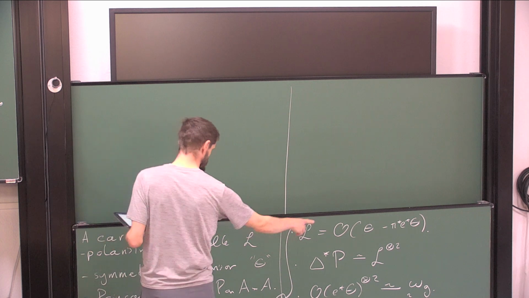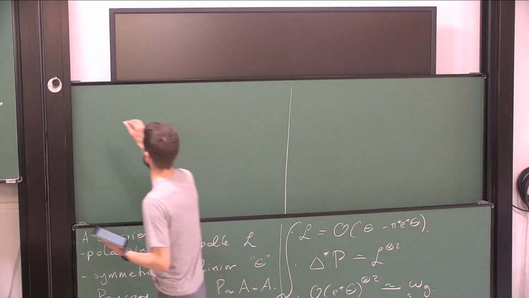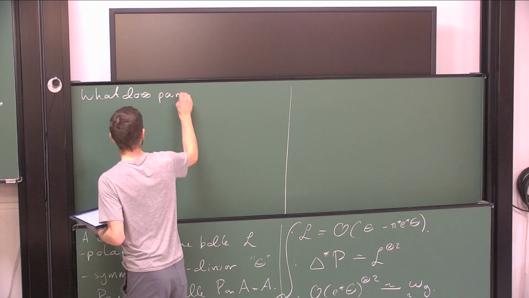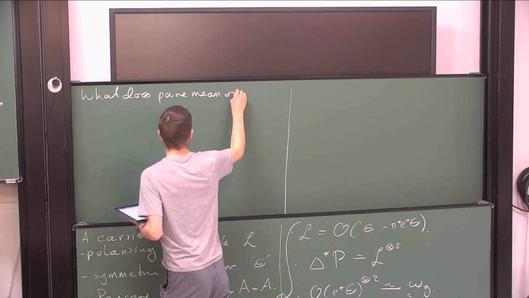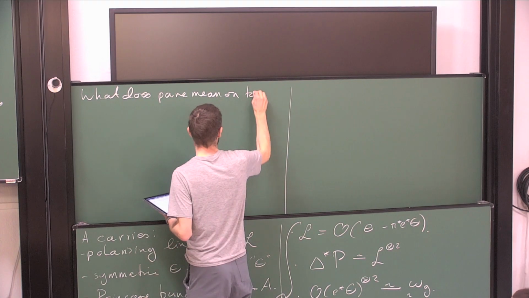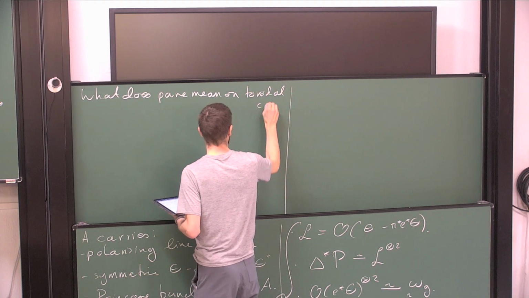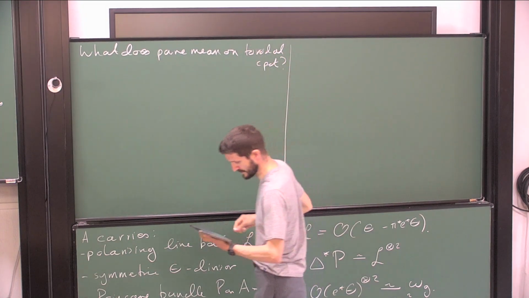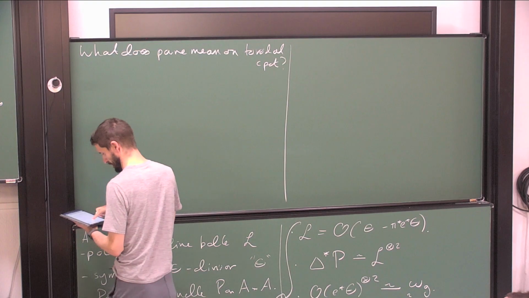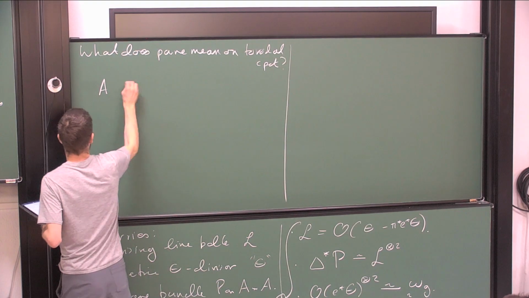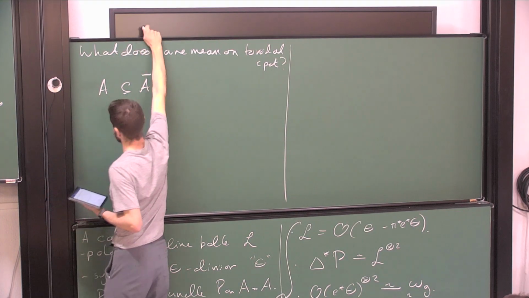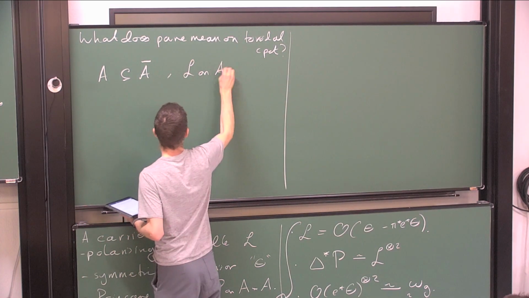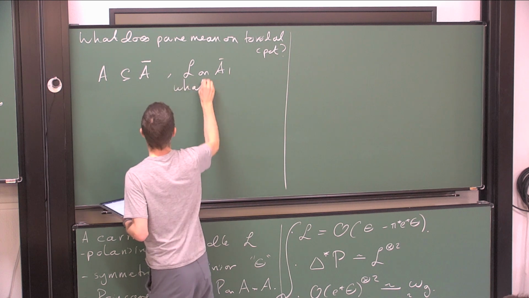So let's talk about this pure thing, multiplication by n. So what does pure mean? So what are compactifications? Let's say we have A inside A bar, any old toroidal compactification, and then we have some line bundle on A bar, and what does purity mean?